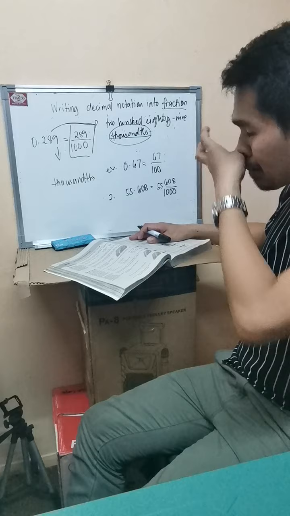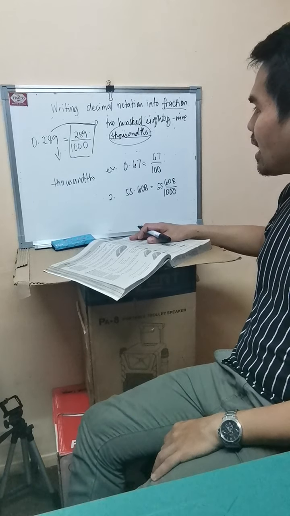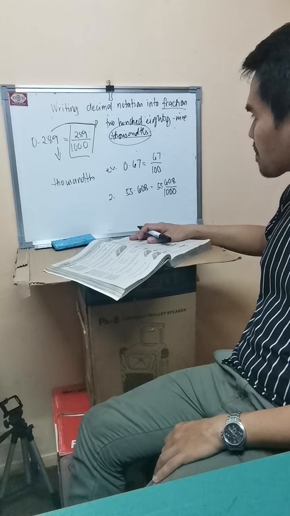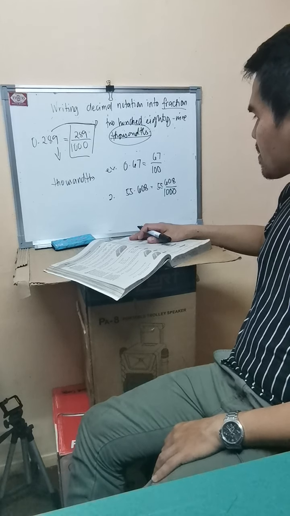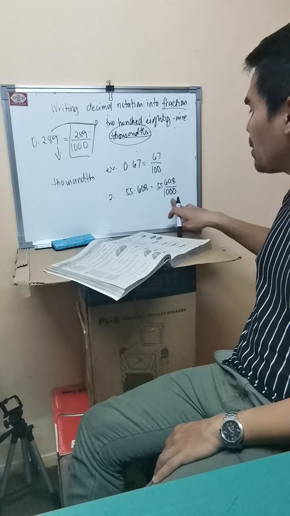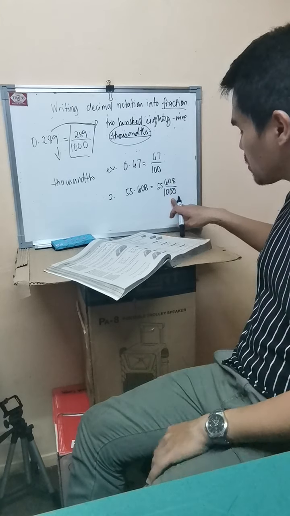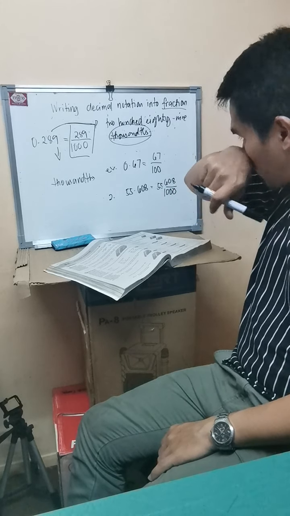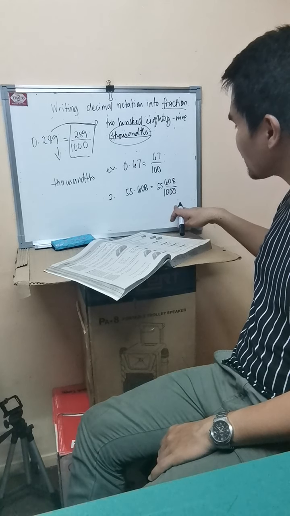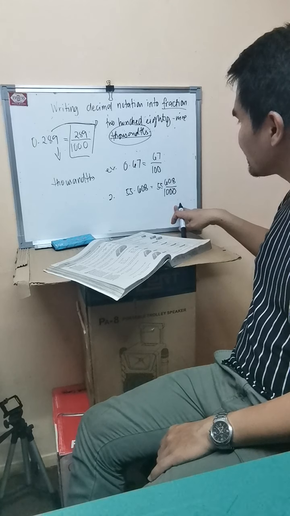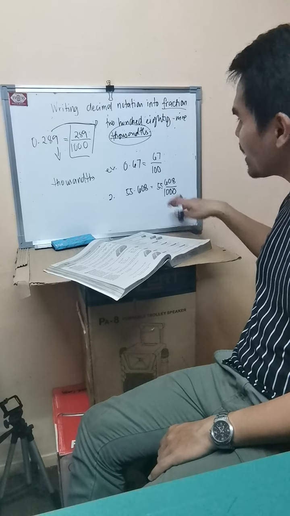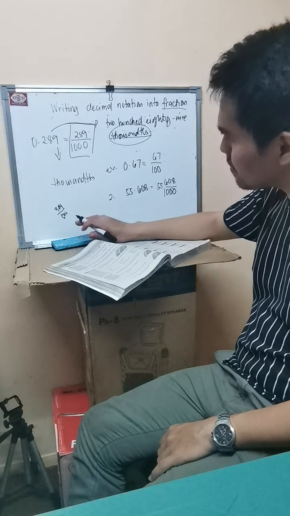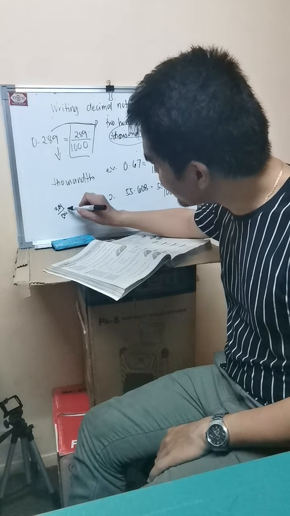Now, I told you, you have to reduce things here as much as possible, to the lowest term. So if you try to reduce this one, look for any common factor. Just try to divide by 2, I think. This is 500. 304 over 500. But this is still divisible by 2.